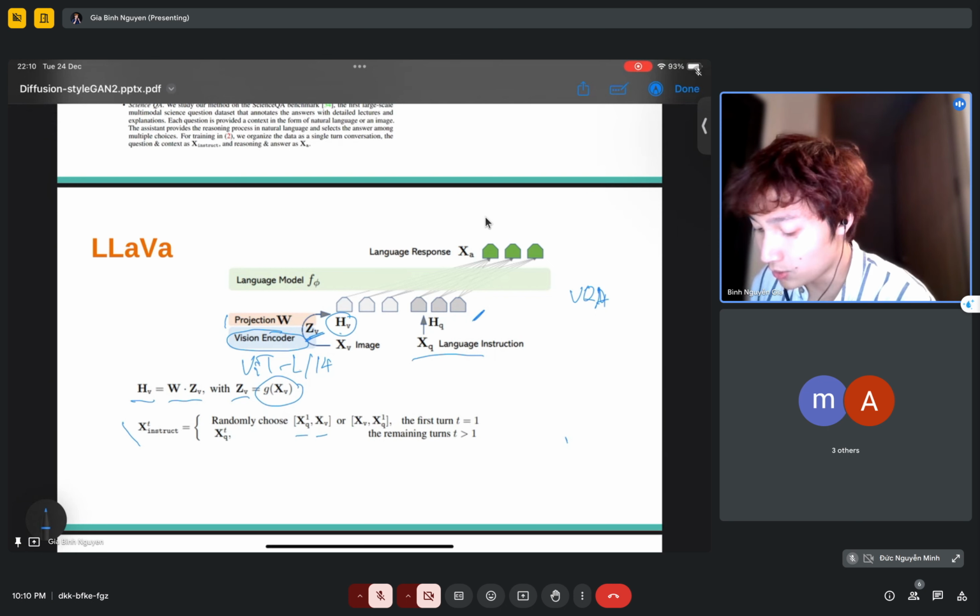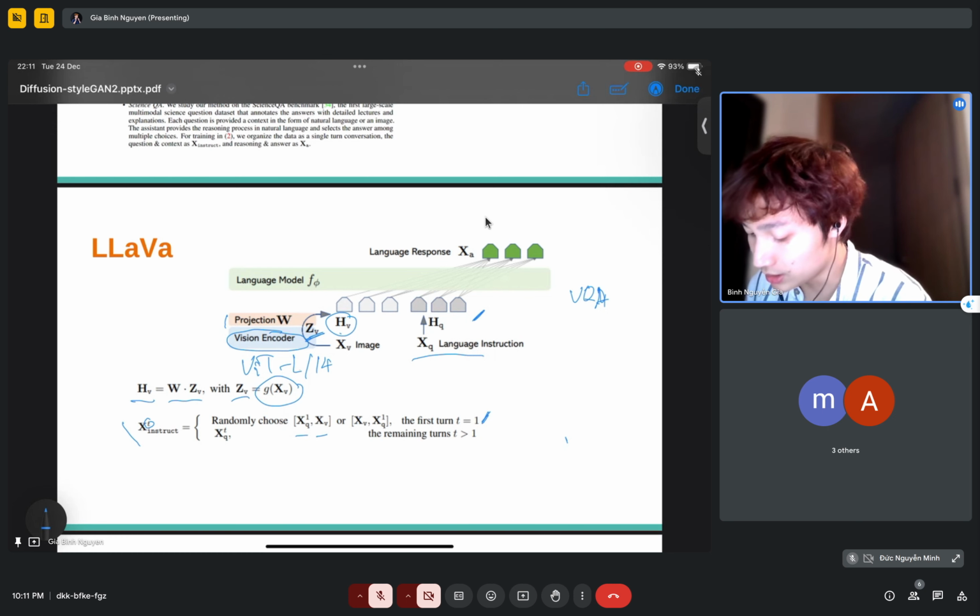Don't worry about the T here, but at first, let's understand that in the first step it will receive an X_V, which is an image, and X_Q, the first question, at time step 1.